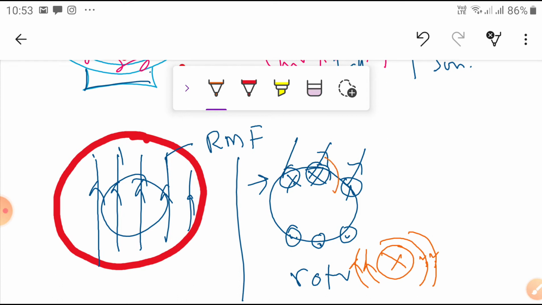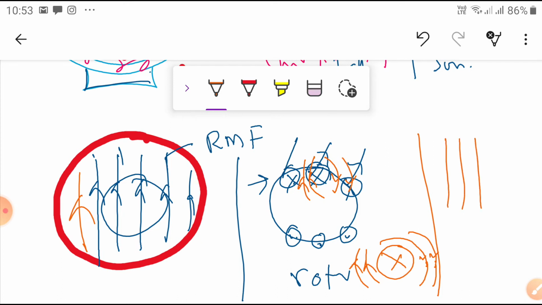So here the flux is in this direction, and here the flux is in this direction. Now here, all the directions are upward, and the flux direction on both sides of the conductor is reversed. So the flux direction here is upward, upward, upward, in this direction.